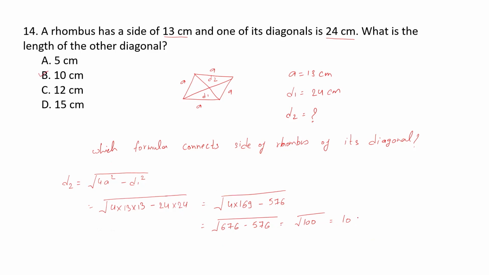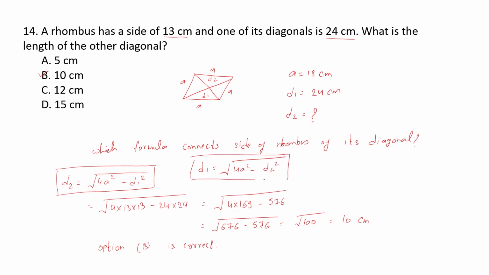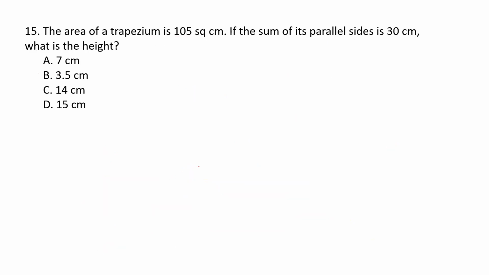The other diagonal is 10 centimeter. Please remember this formula. Similarly, D1 is equal to under root 4A square minus D2 square. So it does not matter which diagonal is given; the other diagonal you have to compute using this formula.